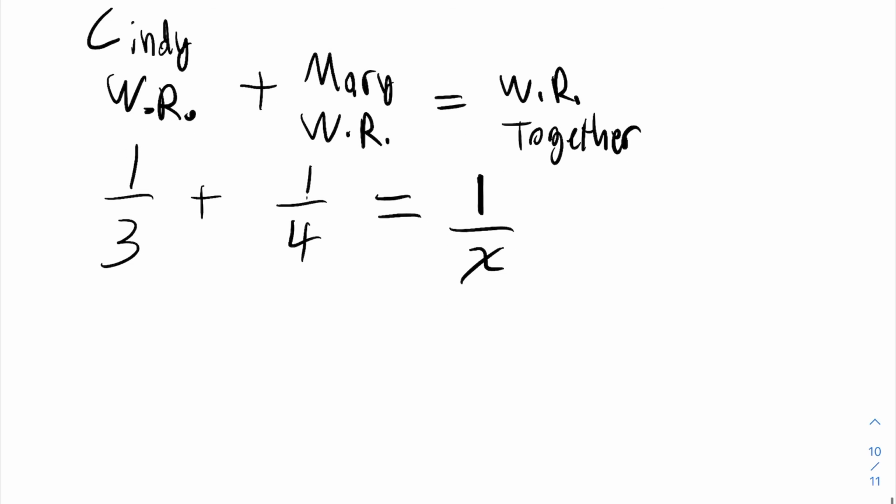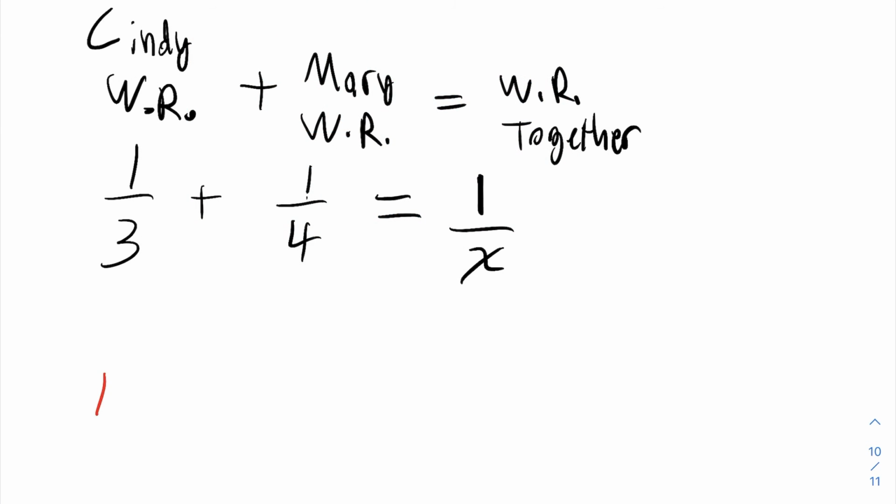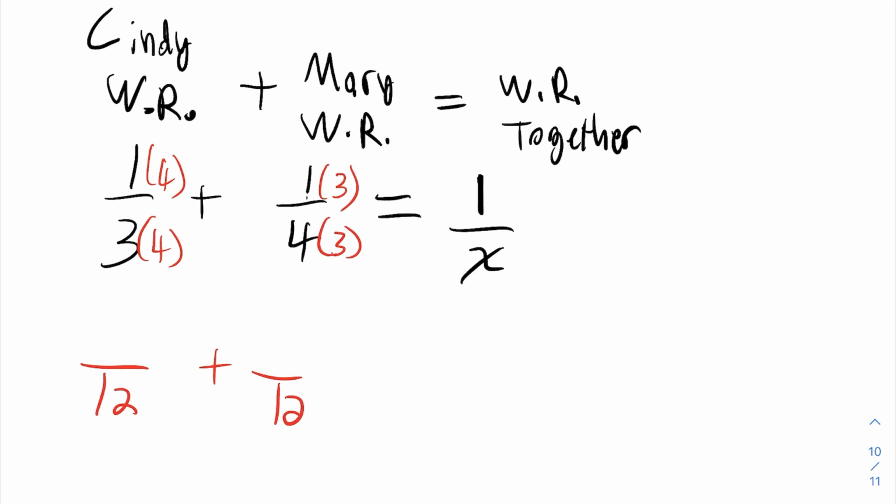Once again, this is not a proportion, but we can just add those fractions on the left side. The common denominator is 12. This one has to be multiplied by 4/4, while this one has to be multiplied by 3/3. So I get 4/12 plus 3/12 is equal to 1/x.